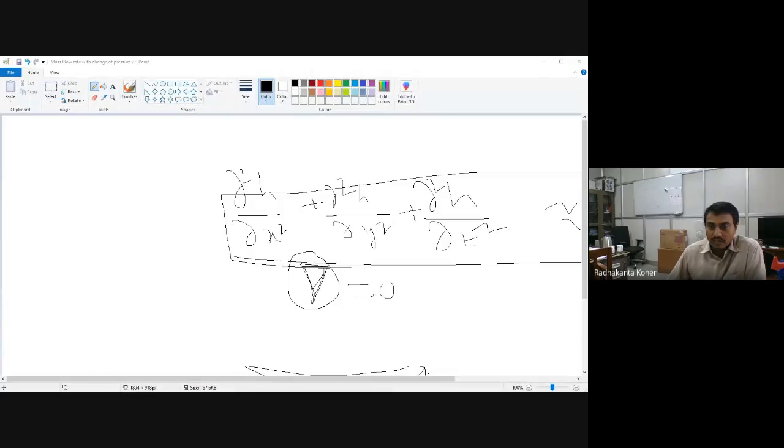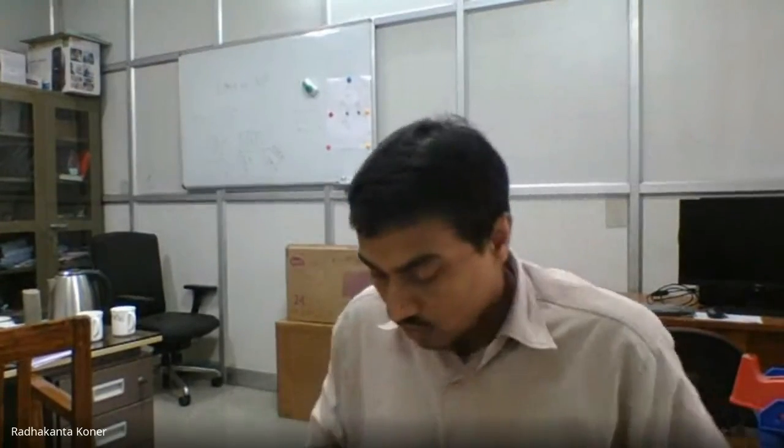In the flow net, we have tried to reduce the expression to the Laplacian form that we will use from time to time for plotting the flow net. In the initial discussion, we told you that flow net basically has a property: it is a steady state flow, and in a steady state flow, velocity is not very high.